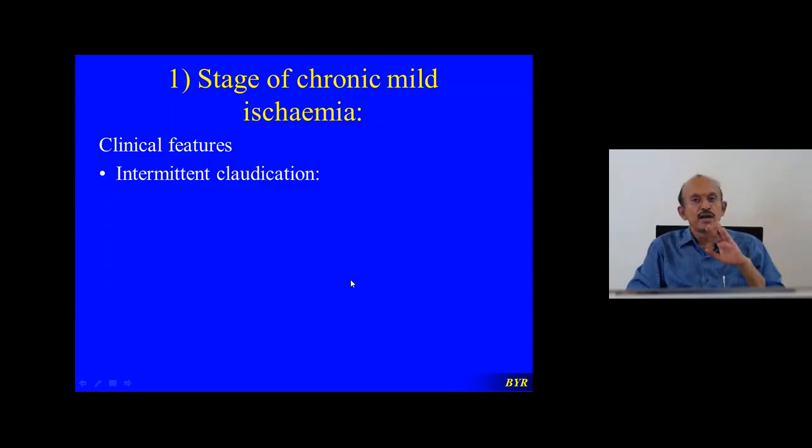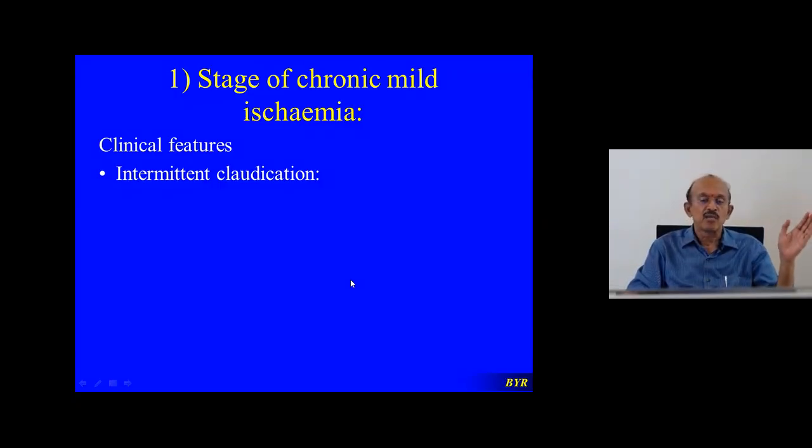A fellow is walking. This fellow is having chronic mild ischemia. So he walks for some distance. Then, after some time, he starts limping. Then he stops walking.